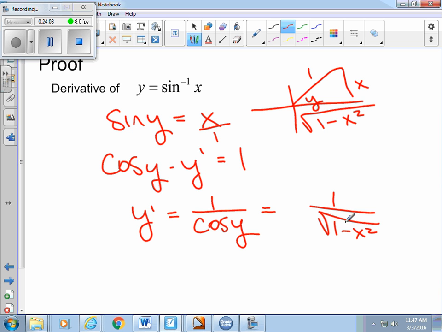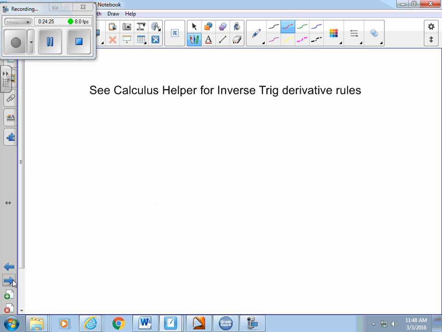So that's how you find the derivative of sine inverse. Use the formula, right? You can memorize it, use it. If you ever forget it, know that there is a way to create it. See your calculus helper for the rest of the trig inverse derivatives.